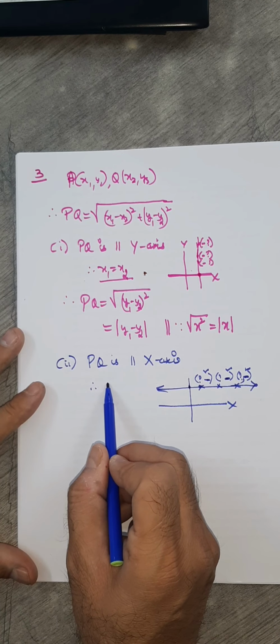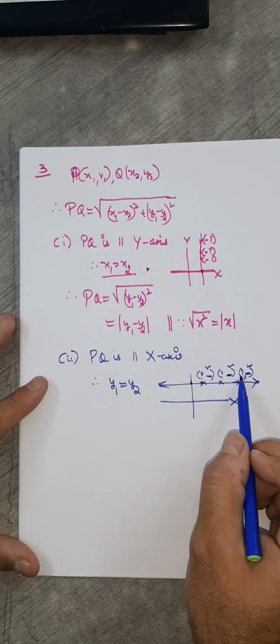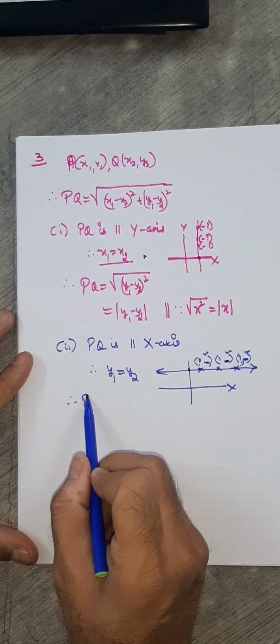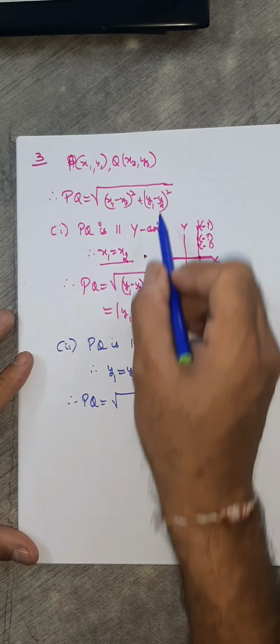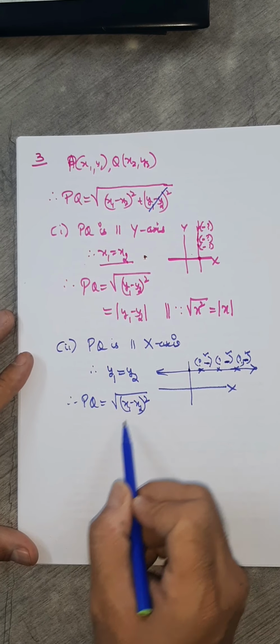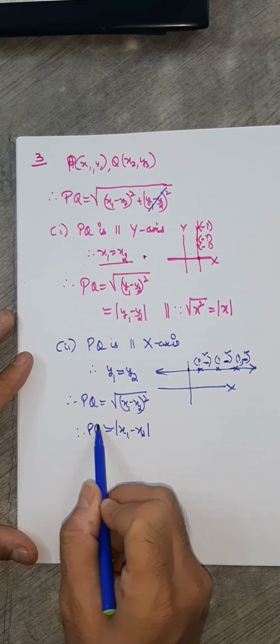So you can say that here y1 equals y2, because y1, y2 all will be equal when it is on the horizontal line. So therefore PQ equals root of, this will be 0 now, x1 minus x2 the whole square. Taking the square root, you have in general modulus x1 minus x2.